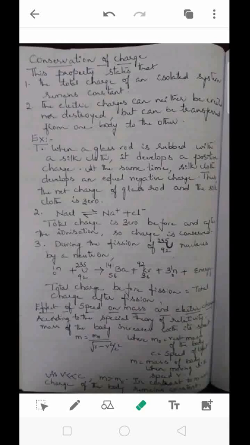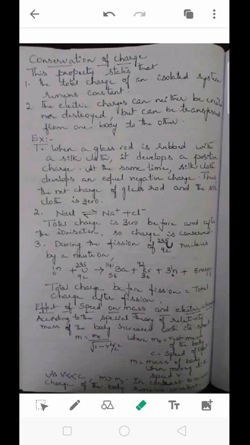Right? Similarly, the total mass number is 236 on the left hand side and 236 on the right hand side also. So we can say that the total charge before fission is equal to the total charge after fission. Thus, these are the 3 different properties possessed by electric charges: additivity, quantization of charge and conservation of charge.